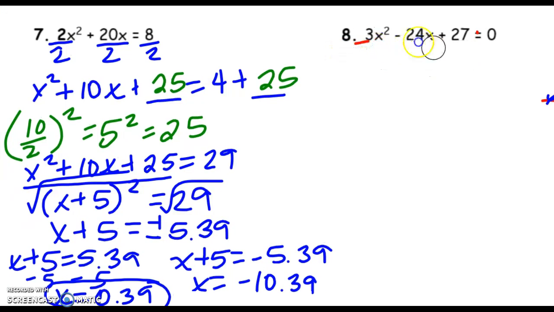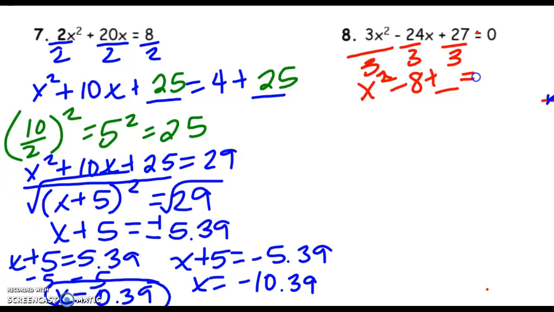Okay, so what I'm going to do next is divide everything by 3. And so if I divide that all by 3, I now have x squared minus 8x plus something is equal to, I'm going to take this and move it over, that's going to be 9, so it's now negative 9 plus the same something, which I don't know yet.